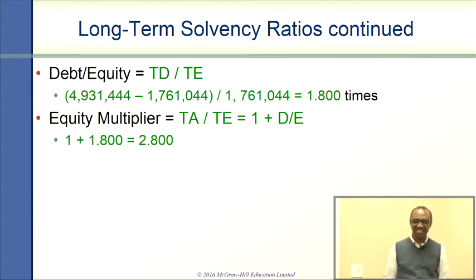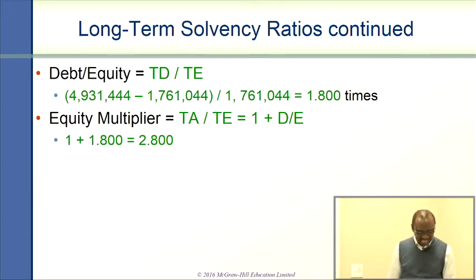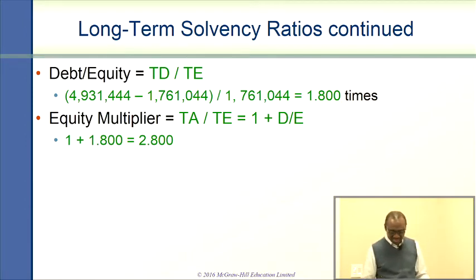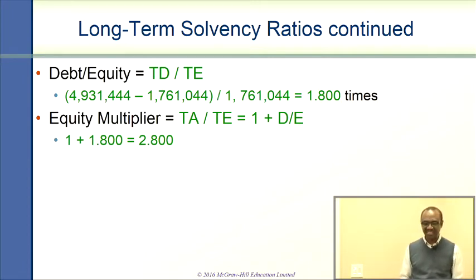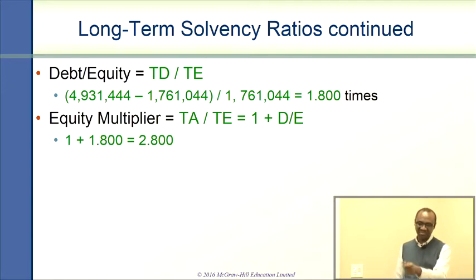Debt to equity, in this case, is 1.8 times, which means we have more debt than equity. Another one is the equity multiplier. The equity multiplier is the measure of the company's financial leverage, which is the total assets divided by total equity. In essence, a higher equity multiplier indicates companies use more debt, as we've seen earlier: 64% is the amount of financing in the company.